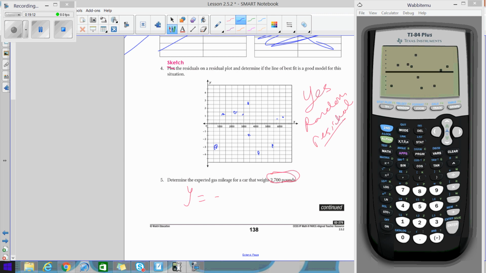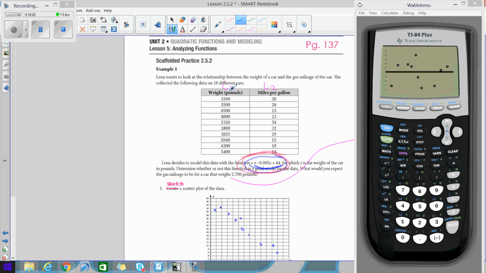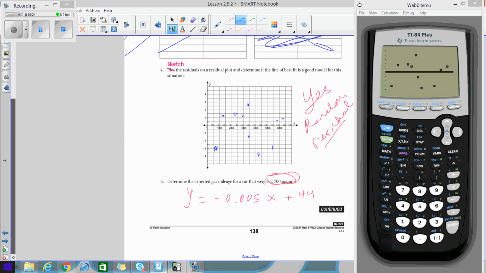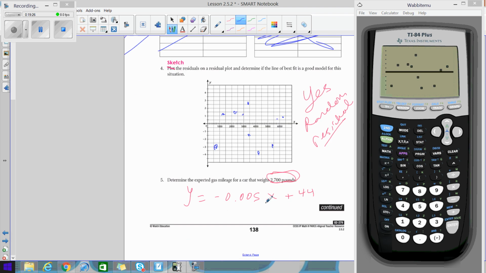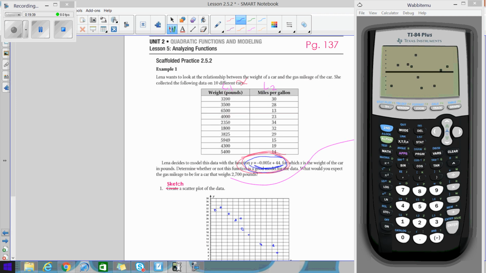And pounds, if I believe from here, pounds were L1, which means x. So we're going to put negative 0.005 times 2,700 plus 44. And when you substitute that in your calculator, you're going to get your answer.